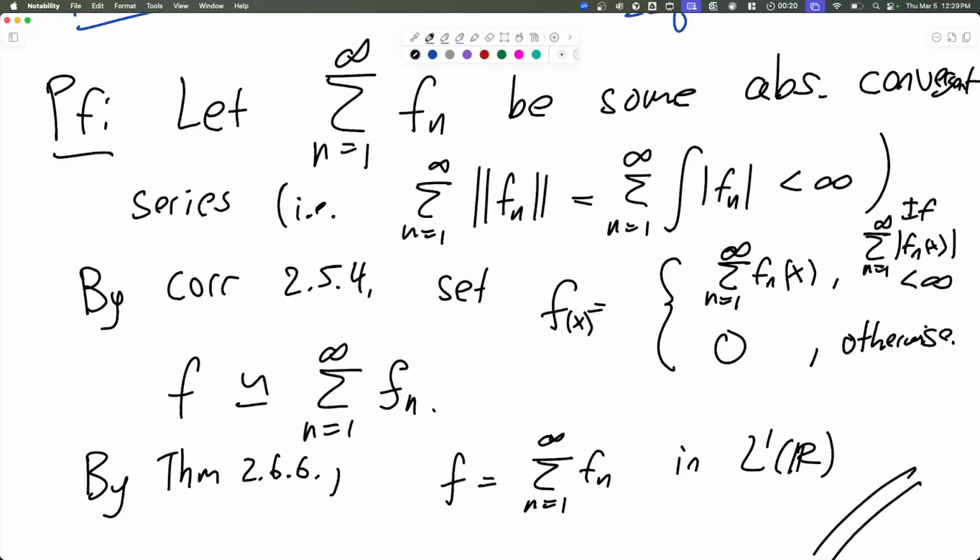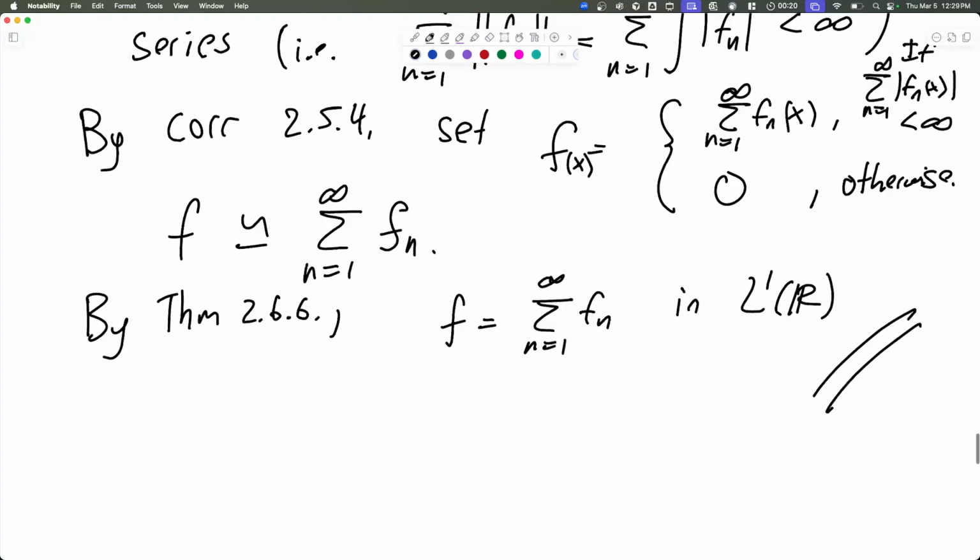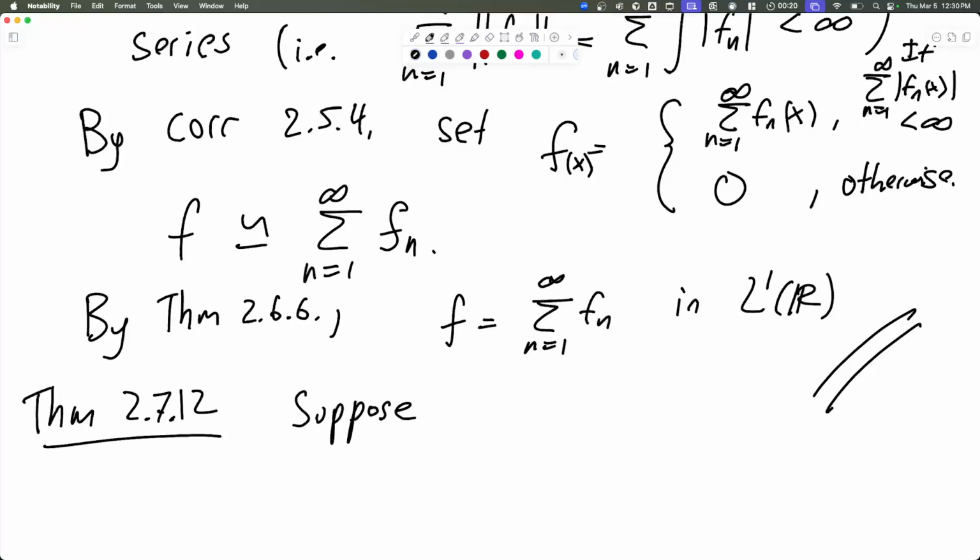And now I'm going to do the theorem that I promised you, which is theorem 2.7.12, this almost everywhere thing. So suppose only almost everywhere convergence. So forget about tilde equals. This statement has no tilde equals in it.